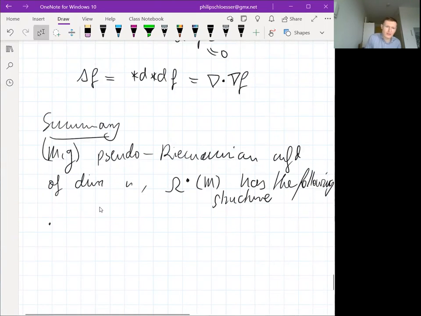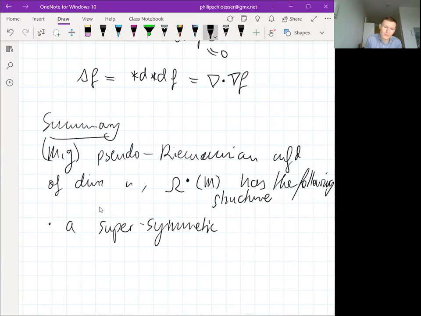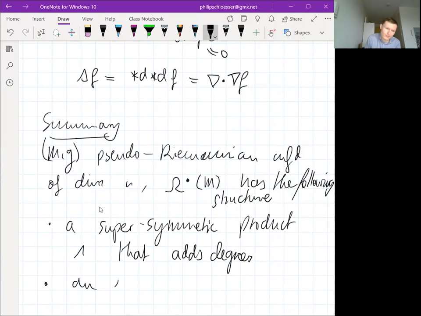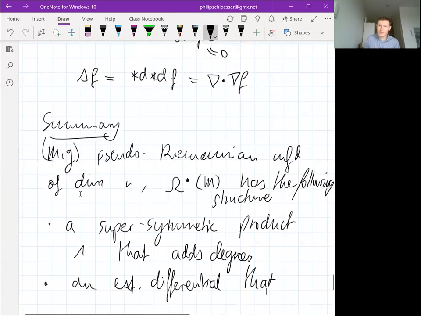We have a product that is, well, not symmetric, but sort of supersymmetric, which adds degrees. Then we have an exterior differential that increases degrees by 1.